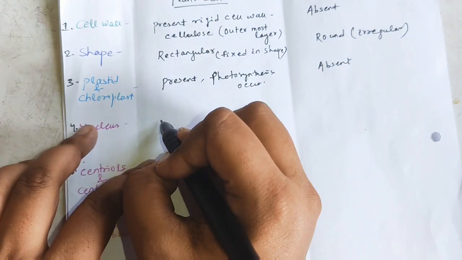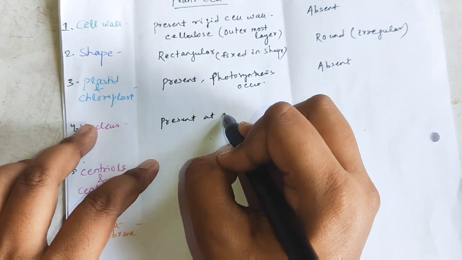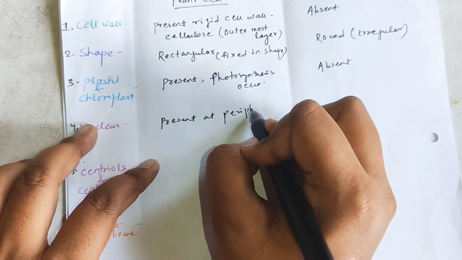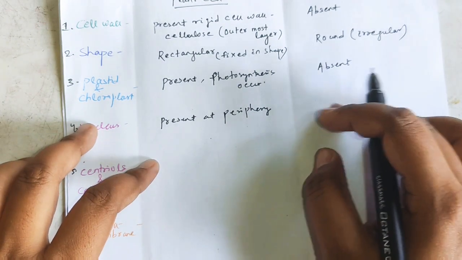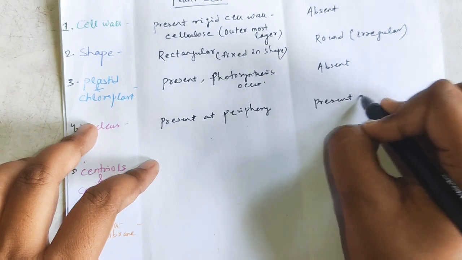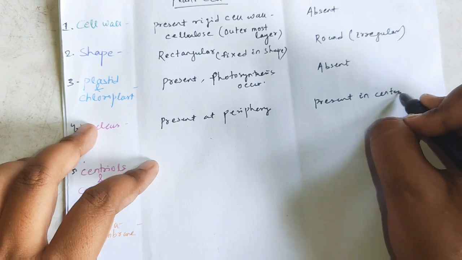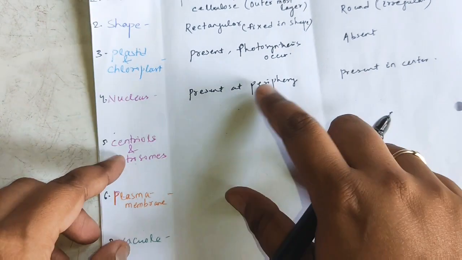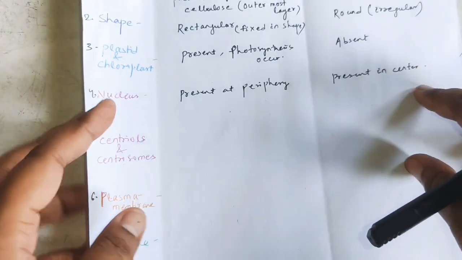But in the animal cell, it is found centrally, present in the center. Clear?